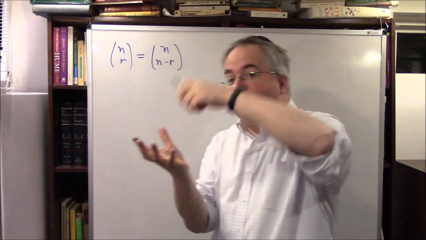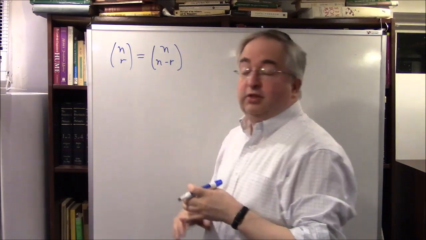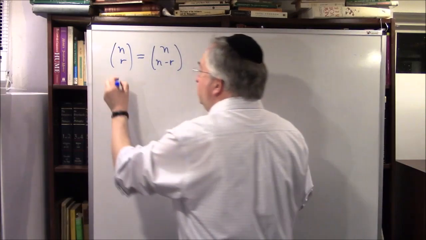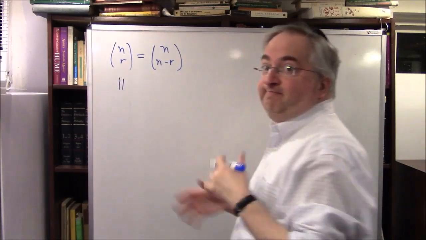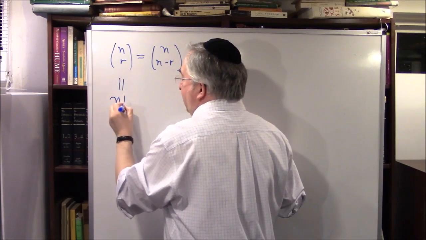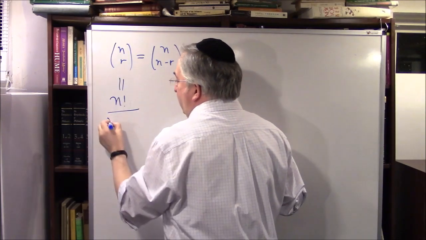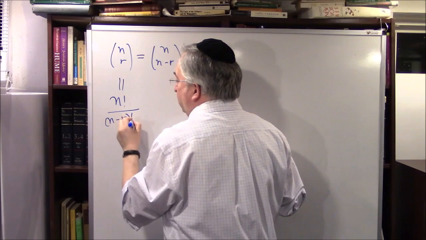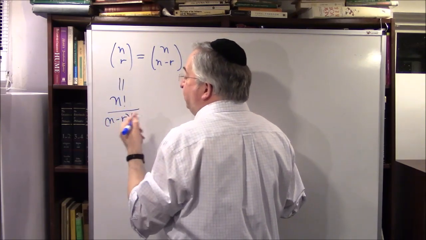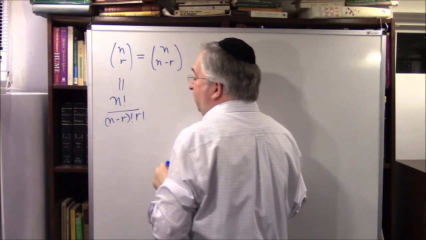The number of ways of choosing R balls is the same as the number of ways of choosing N minus R balls. Okay, but of course you can do this algebraically. In other words, you can write this as the formula. So this becomes N factorial divided by N minus R factorial. And this is combinations. We don't care about order. We divide out by order. So that's R factorial.